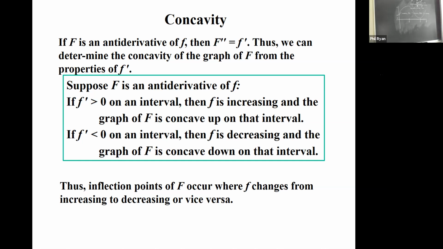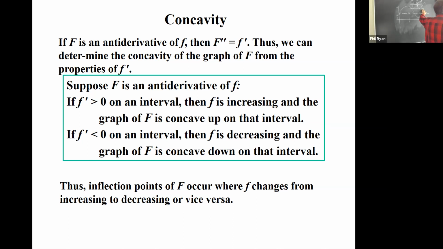Right. So if we've got an antiderivative of some function, capital F is the antiderivative of little f, then if this slope here is positive, that means this function's second derivative is positive. And we know that if a second derivative is positive, then we've got something which is concave up.